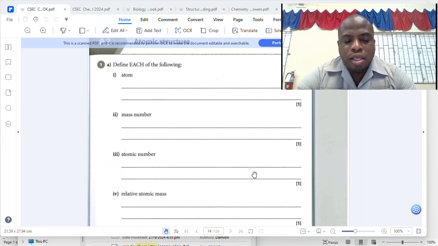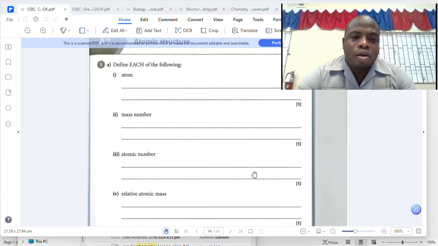Now, the other term is mass number. When we think of the mass number, think about those subatomic particles that are in the atom. And we should know that what contributes to the mass number is the number of protons and the number of neutrons.